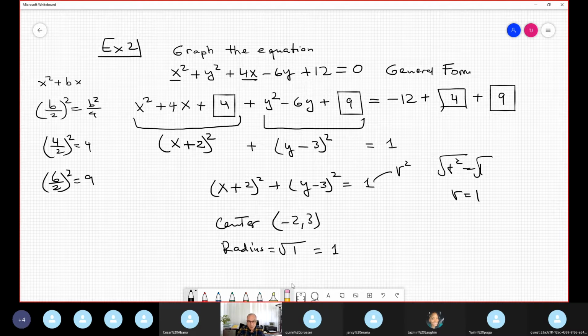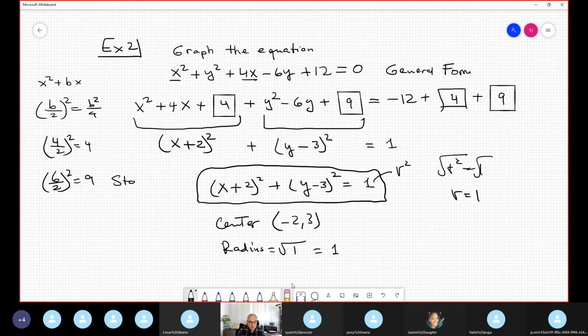Okay, this is the standard form. The standard form is super easy to see clearly where the center is located and where the radius is. And out of curiosity, let's do the graph of this equation in Desmos.